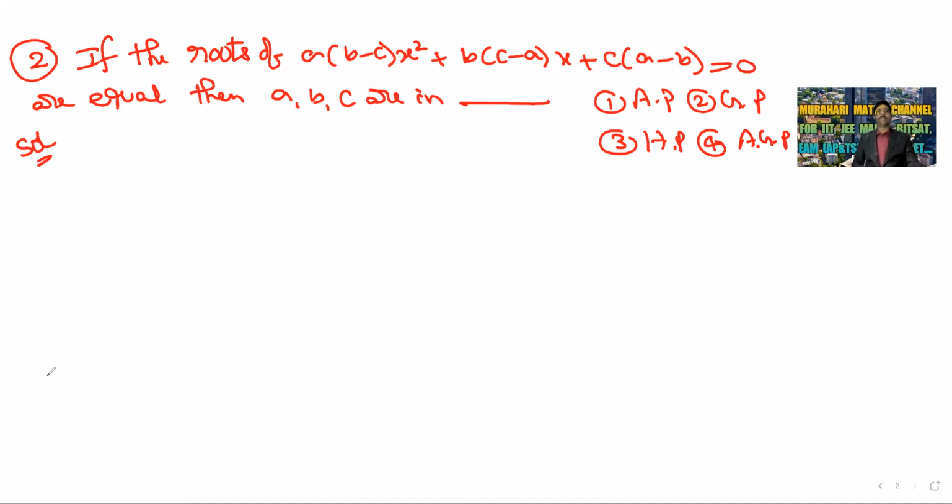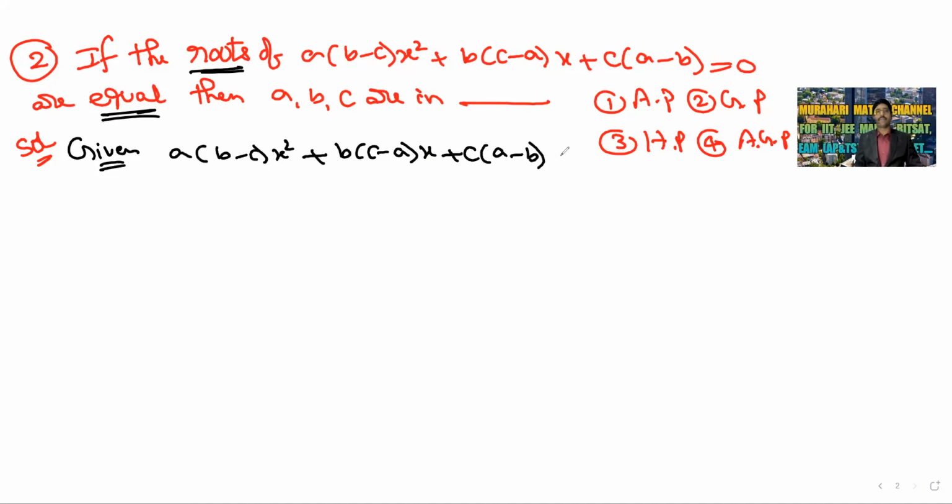So what is given? The roots of the quadratic equation are equal. The given equation is a into b minus c x square plus b into c minus a into x plus c into a minus b is equal to 0. So let us take x is equal to 1.